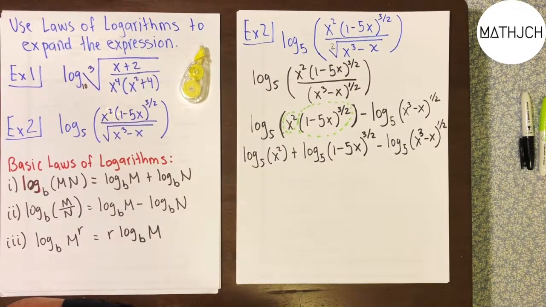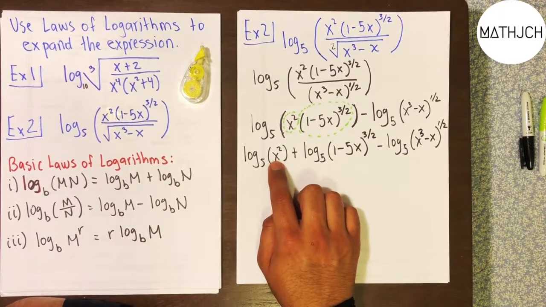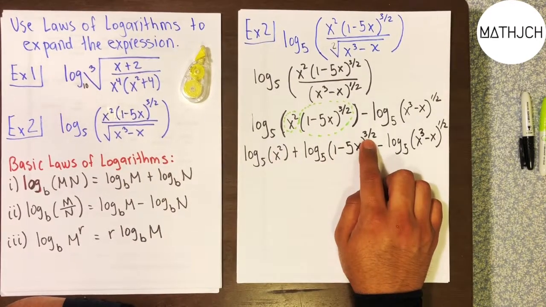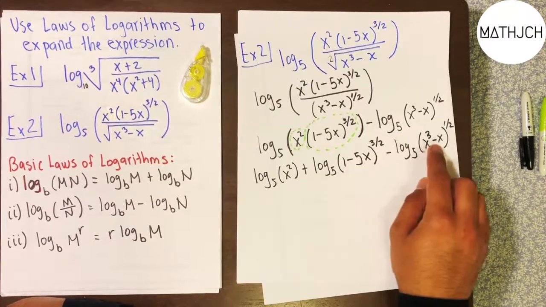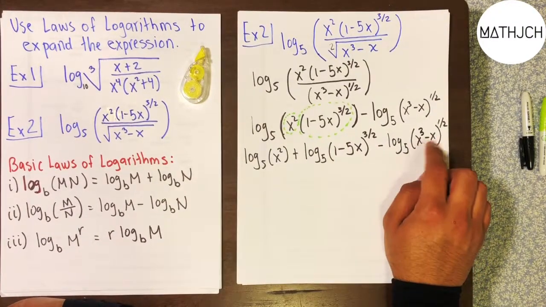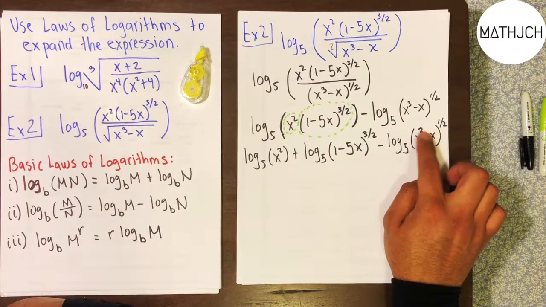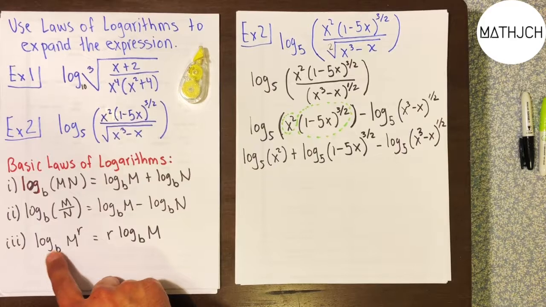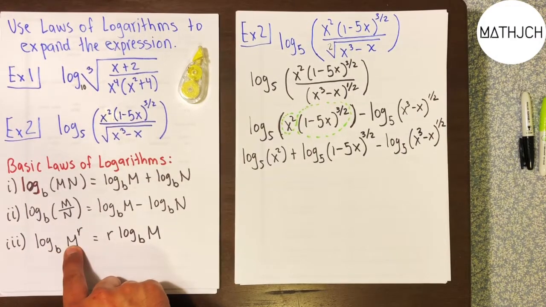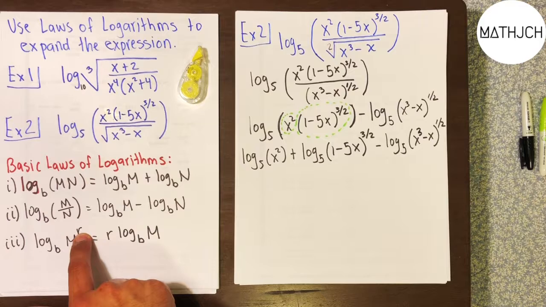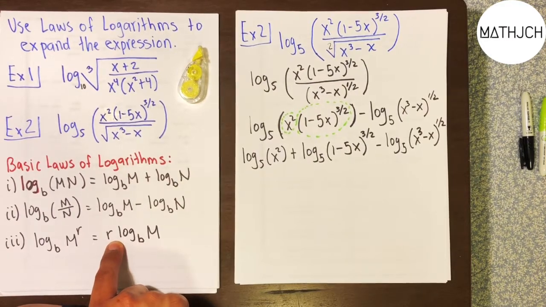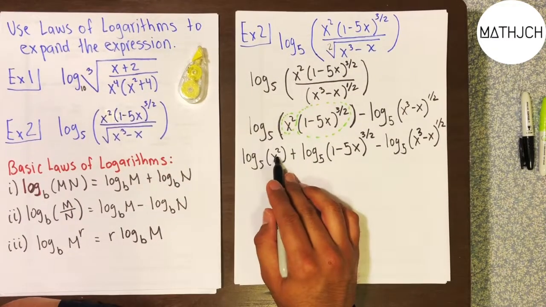Now notice, in each one we have an exponent, right? We have exponent 2, exponent 3/2 for everything inside, and exponent 1/2 for all of this. That will take us to the third rule here, right? We have log of something m to some power r. We could bring the r in front of the log, okay? So let's apply the rule as our next step. So notice here we have x to the power 2.